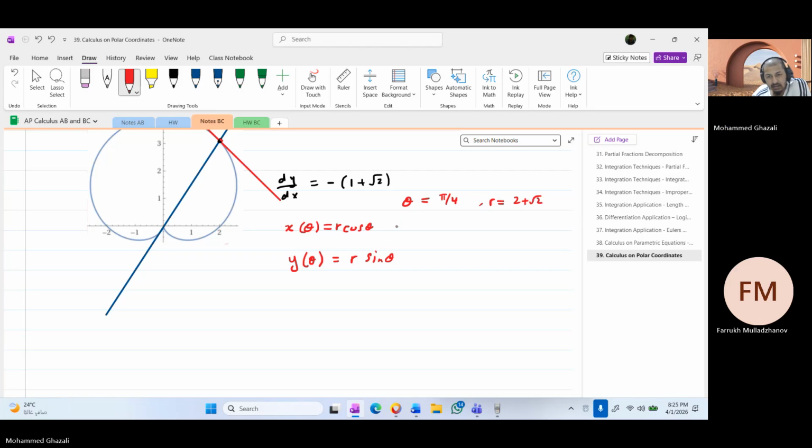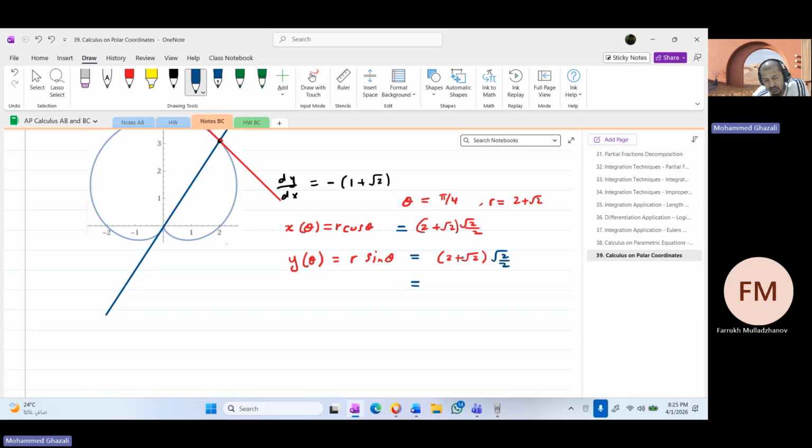Now, what's the answer for x then? That's 2 plus root 2 times, what's cos of theta? Root 2 over 2. What about here? 2 plus root 2, and what is sine of theta? Sine of 45, sine of pi by 4. These are equivalent. I'm evaluating at these 2 points, so I can simplify this.